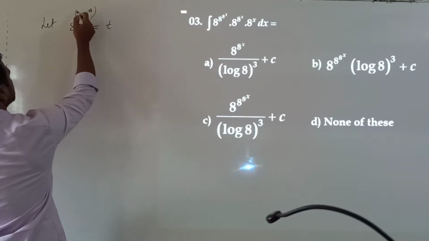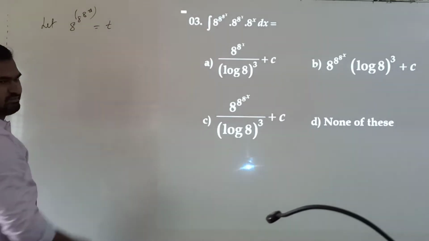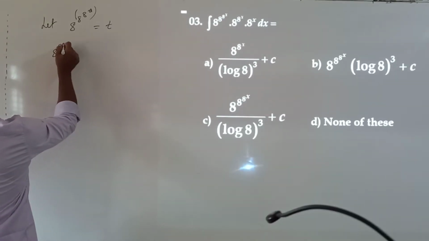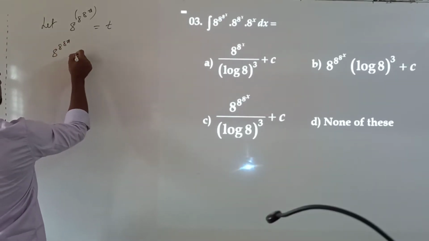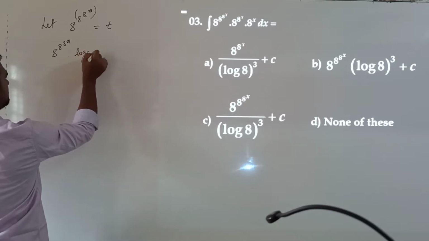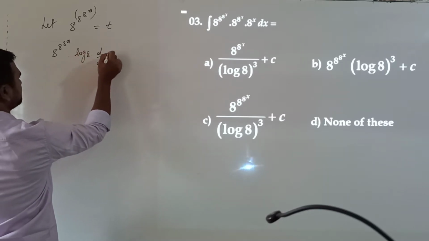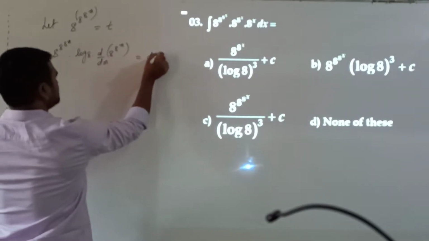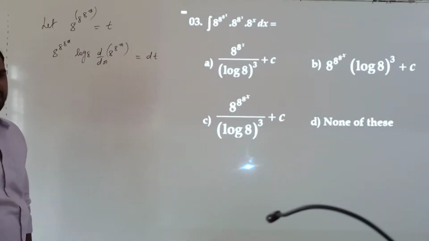Differentiate 8 power 8 power 8 power x. This derivative is 8 power 8 power 8 power x into log 8 into the derivative of 8 power 8 power x, which is equal to dt.